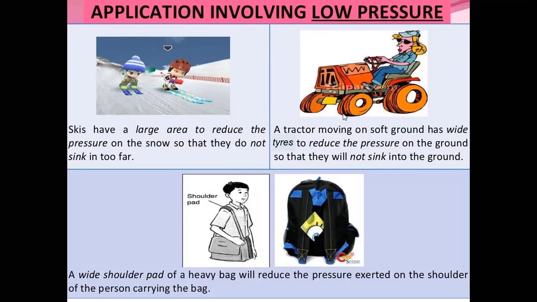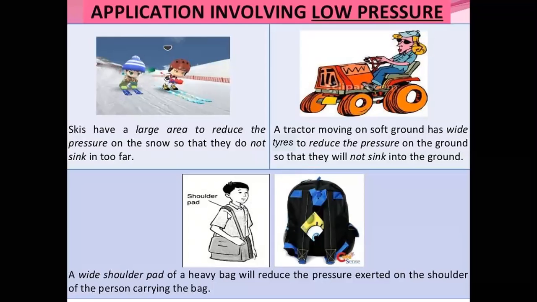On a muddy road, the tractor does not get trapped because the tire of the tractor is very flat. Due to the flat tire, the tractor does not get trapped. Therefore, to minimize the pressure, the area of the tire is increased.